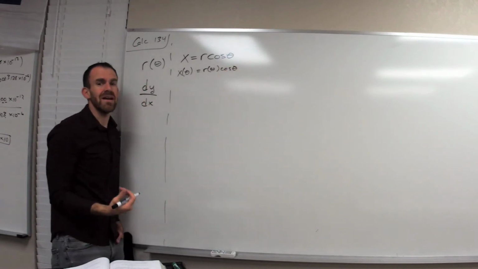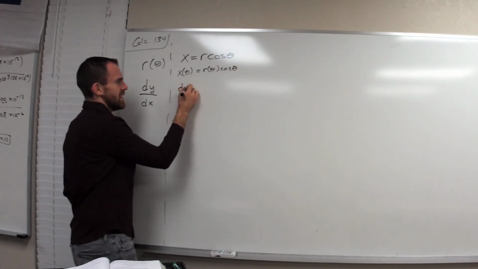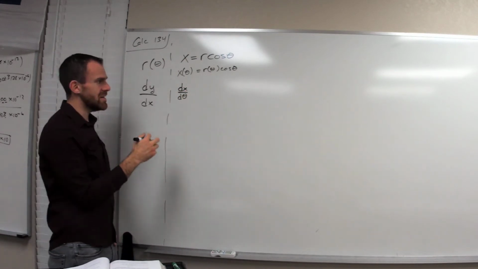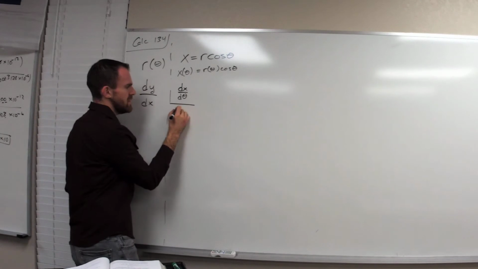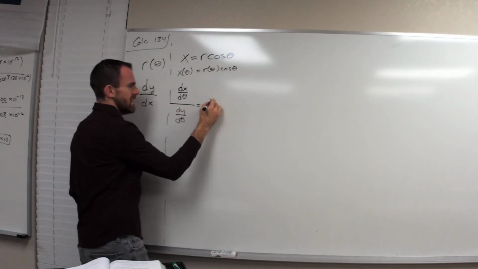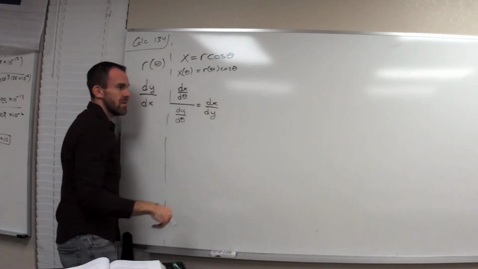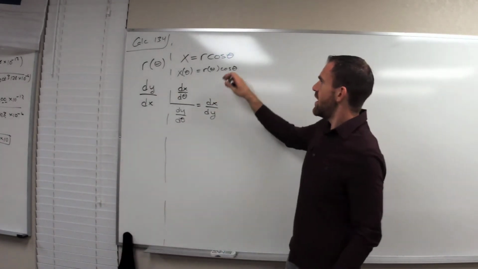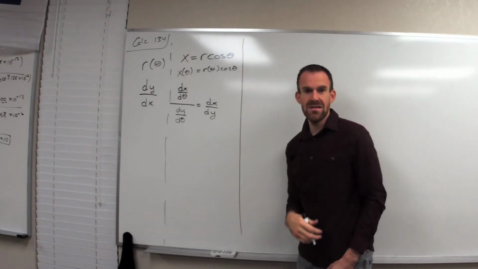And so what I can do with that is find dx by d theta. Now if I divide that by dy by d theta, then I get dx by dy.